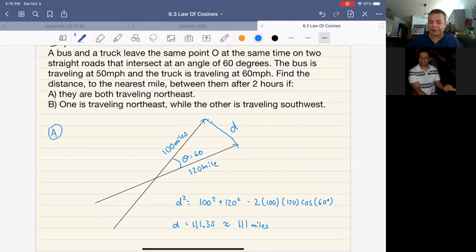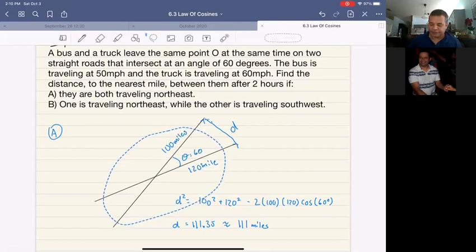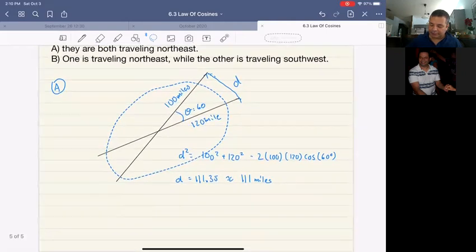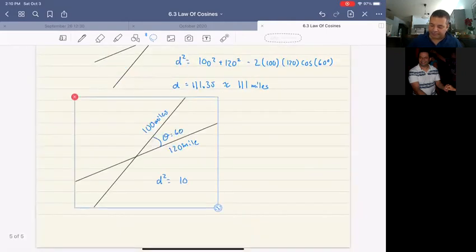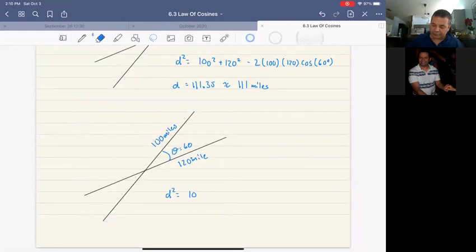Let's take part B. We just take this drawing, copy it, paste it down here. We're going to put one going the other direction. So now my truck goes this direction, and I have 120 miles.